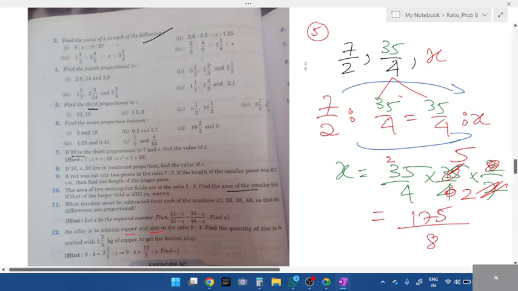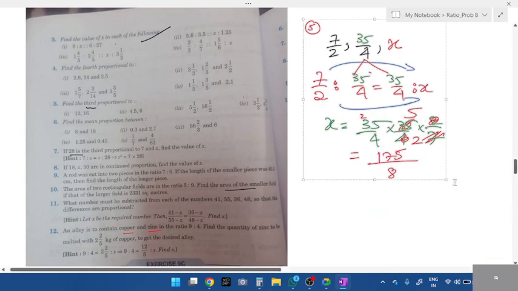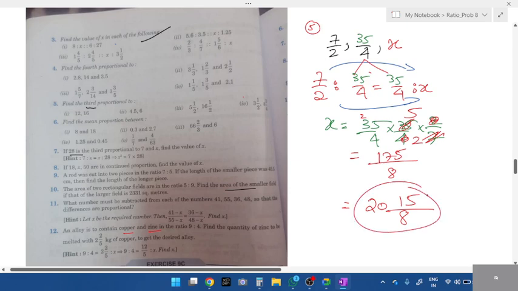Okay, mixed fraction. What's the answer? Is it correct? 21 7 by 8 is the answer, students. The third proportion is also done.